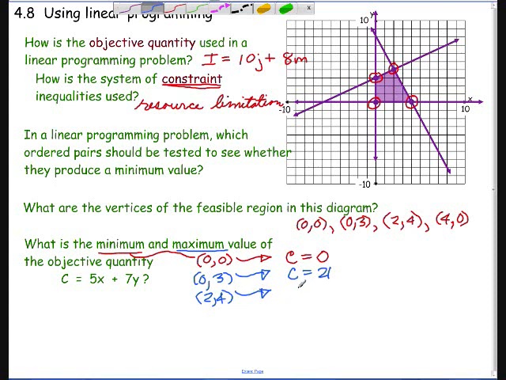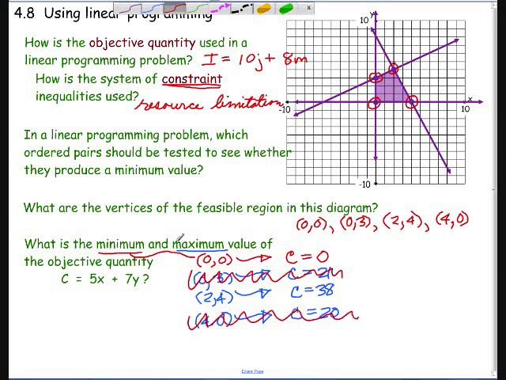What will C be equal with 2 and 4? 10 plus 28, or 38. And what will C be if I go for 4 and 0? Well, we can see now what our maximum is. Because if this is 0, my C is equal to 20. So this one is not my maximum. This one is not my maximum. This one is.